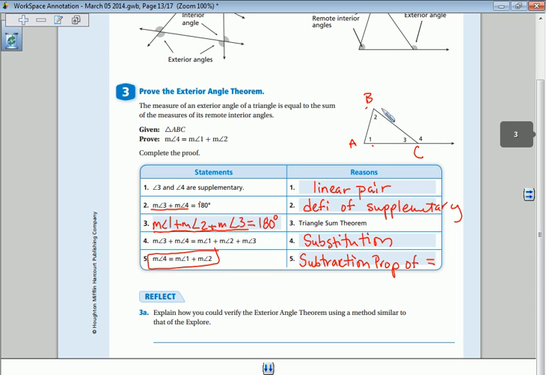So, if I told you that the measure of angle 2 is 70 degrees, and the measure of angle 1 is 60 degrees, what is the measure of angle 4? 130. Got it? The sum of the two remote interior is equal to the exterior.